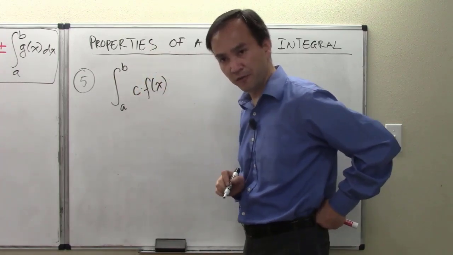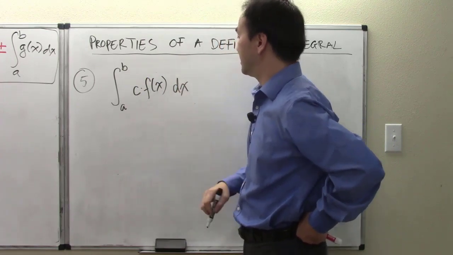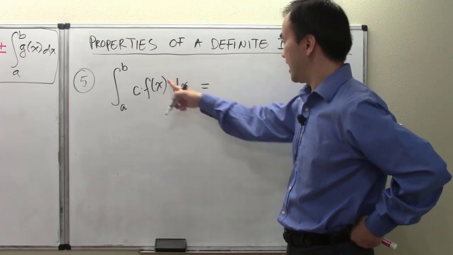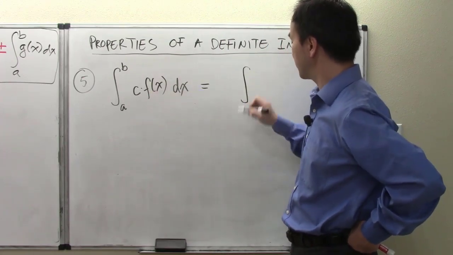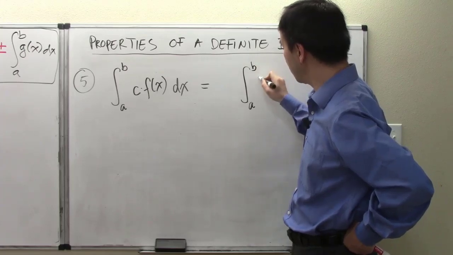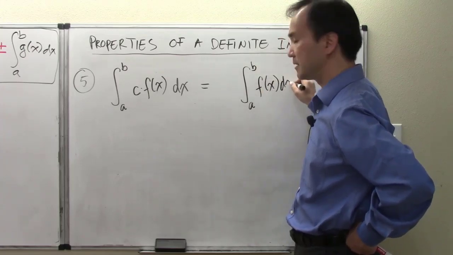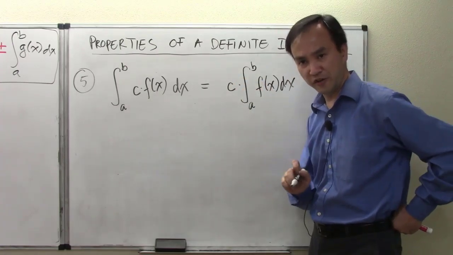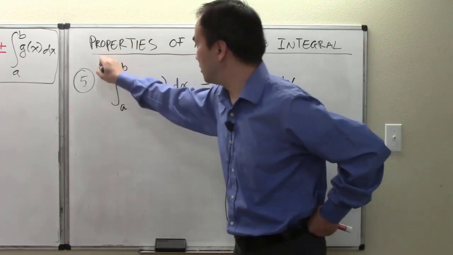Then the answer here can be found by simply producing the definite integral from a to b only on the function f of x, and then multiplying the constant coefficient in front.